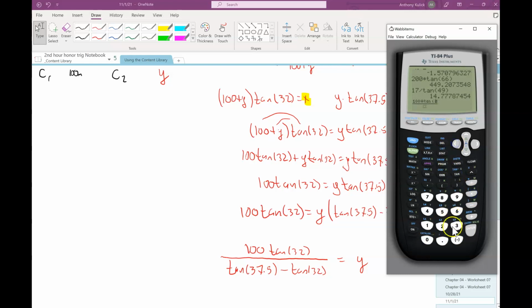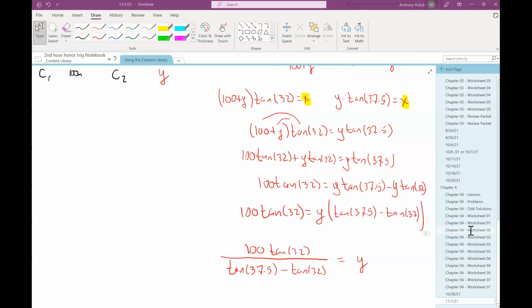That way I don't have to monkey with a bunch of parentheses and it doesn't get so ugly. Everybody okay with what I typed in? Press enter there. So y is about 438.6.